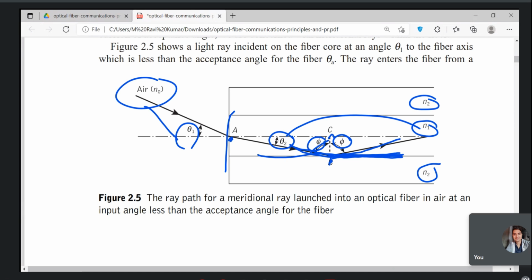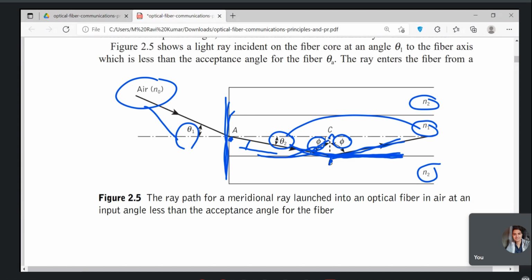Only when this angle is greater than phi c, then you would have this total internal reflection. So when phi is larger, meaning this ray is coming at an incidence which is lower than this, something like this, then you would have total internal reflection. And in order to have this, you have refraction at this interface, right?